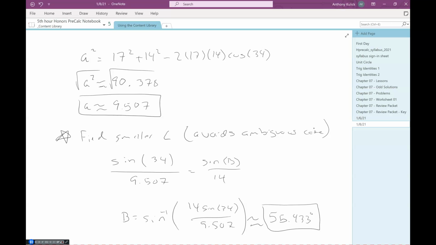And this is not an ambiguous case problem because we know that side angle side information at the beginning. But if you look at just the information to solve for that other angle, you could be in an ambiguous case situation, end up finding the wrong triangle of the two triangles. So that's why I recommend that. Does that make sense, guys?